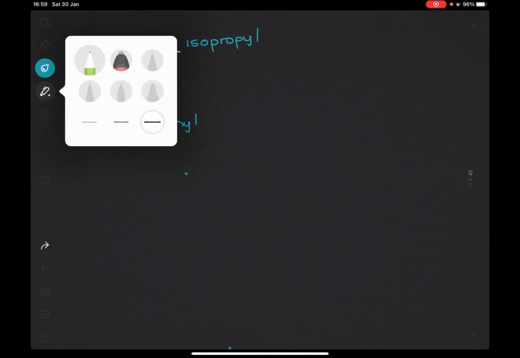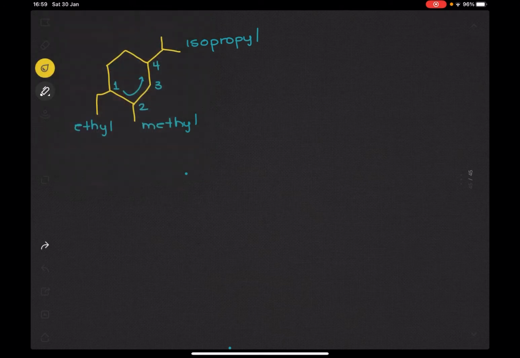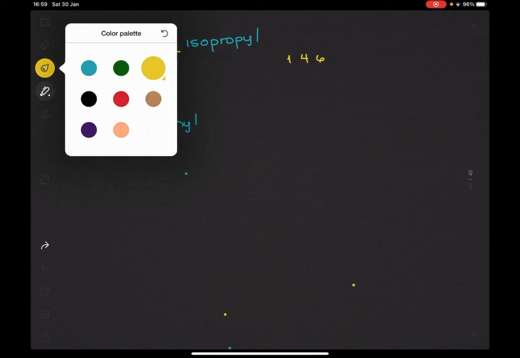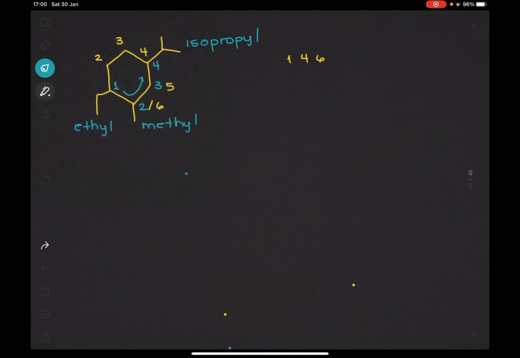If I counted to the other side, I would have 1, 2, 3, 4, 5, 6. So my substituents in yellow would be in 1, 4, and 6. And the ones that I have in blue would be 1, 2, and 4. So obviously, counting counterclockwise gives me the smallest number possible. So I'll keep the blue numbering.